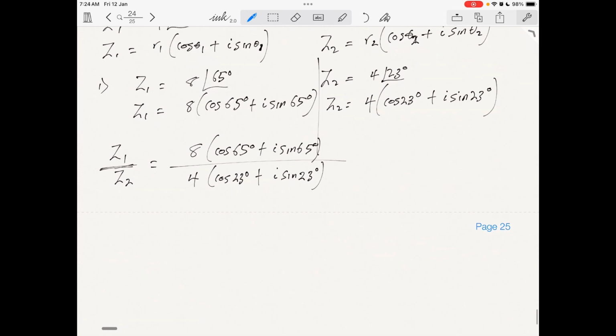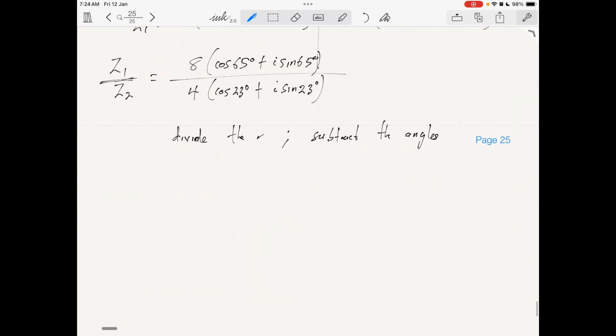Now we divide the R. Since we are dividing, we divide the R and then we subtract the angles. In essence, we divide this, as 8 divided by 4, we have 2, and then we subtract the angle.